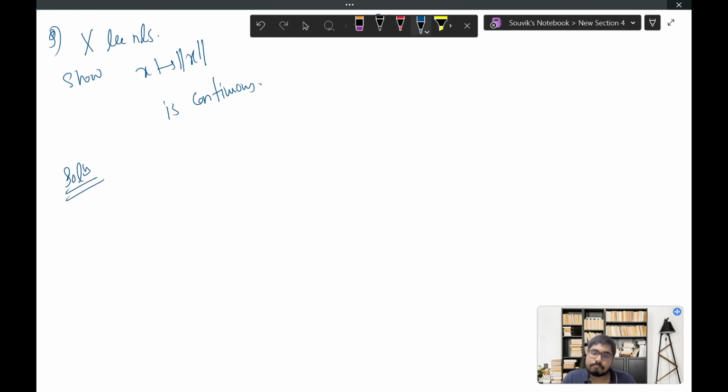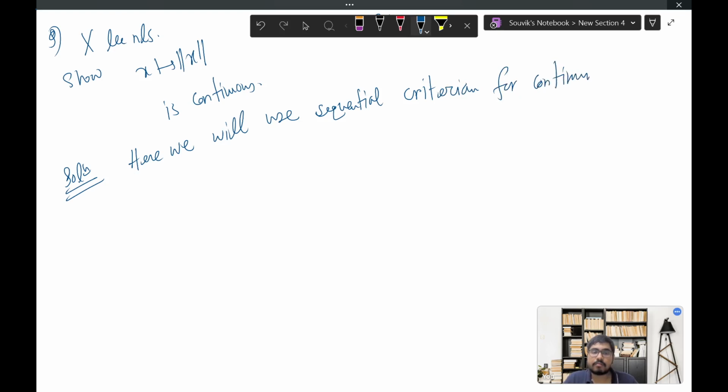Here we will use the sequential criteria for continuity. Remember that we have already seen that the distance function is continuous. So similarly, the same approach will work to show the norm function is continuous.